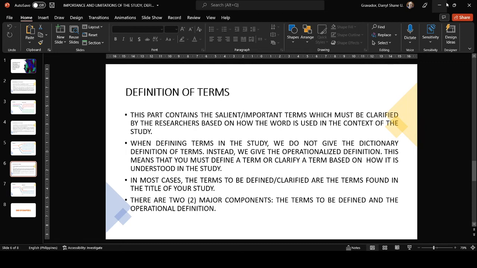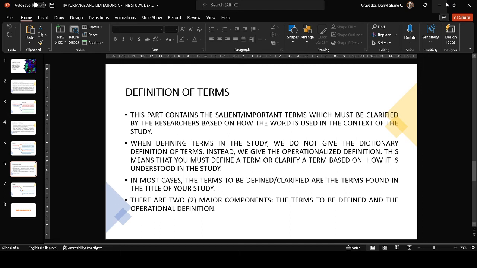However, if your study specifically requires teenagers who are 16 to 17 years old, then you are going to have to operationally define teenager as a student who is between 16 to 17 years old, or a student who is either 16 or 17 years old.